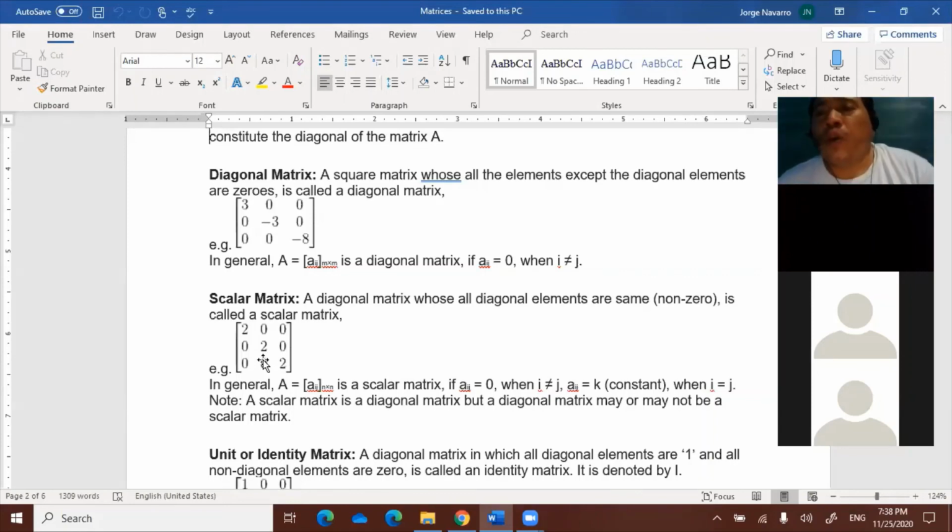So the word square only means that if the first number is x, the second number must also be x. Okay?